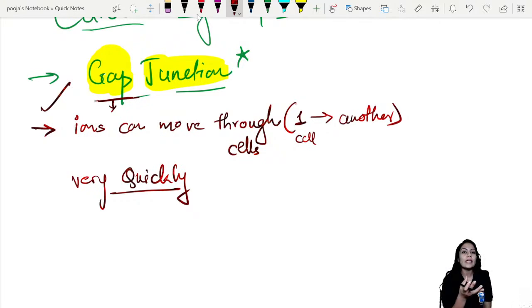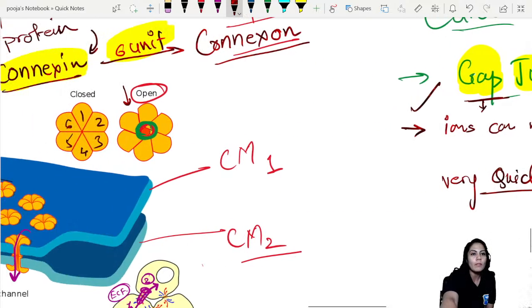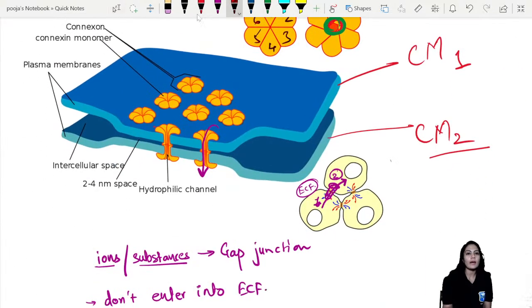I just showed you a few gap junctions here, but as you can see, there are many gap junctions in the cardiomyocytes like this. Almost all the cells are connected with gap junctions. So what happens if one cell has an ionic change? That ionic change will be carried forward to another cell very quickly.